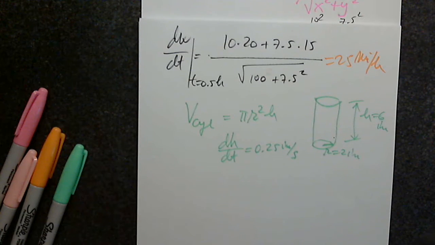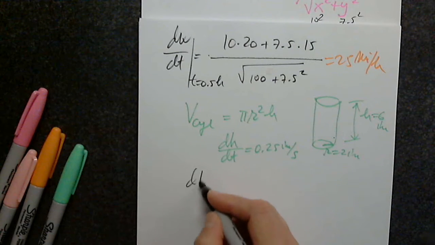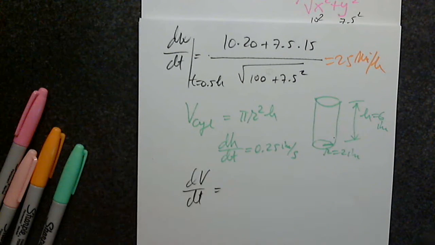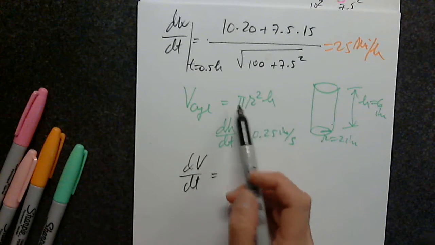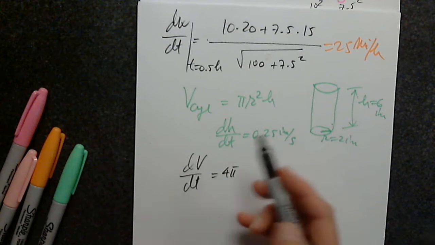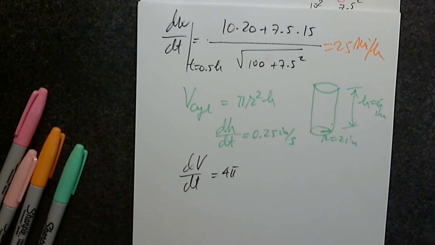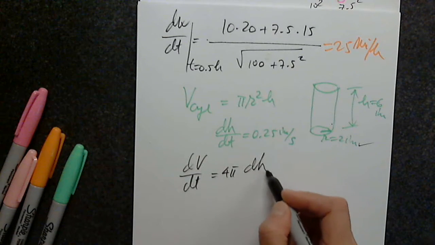So what do we have to write? dB over dt equals... 2 squared is 4 pi, right? Because we're given that is fixed. We cannot change. Okay, so this is times dh over dt.